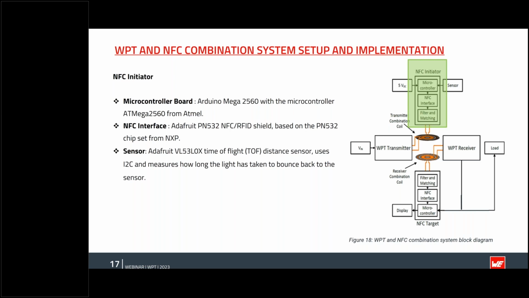The time of flight sensor is also from Adafruit. It uses the I2C communication protocol, and it measures how long the light has taken to bounce back to the sensor. And the microcontroller is then powered externally by a 5 volts DC supply.